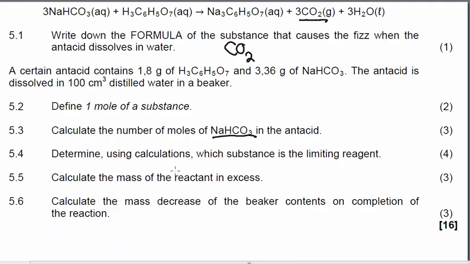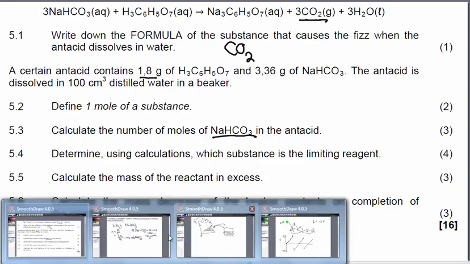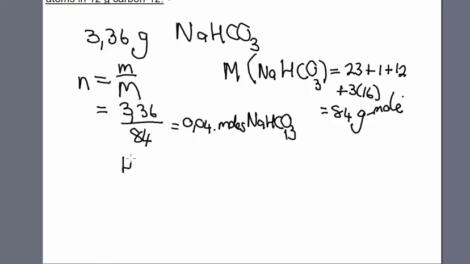Determine using calculations which substance is the limiting reagent. Now we are going to have to look at both of our reactants here to figure out which one is the limiting one. I see I have 1,8 grams of H3C6H5O7. That's a mouthful.